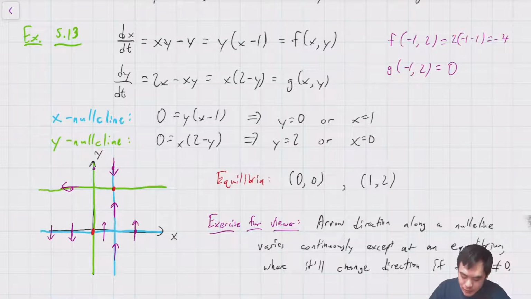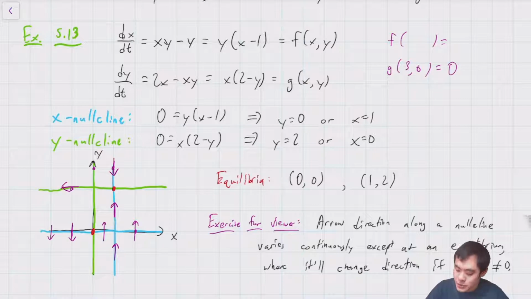And if we look up here, so if we look at 0, 3, sorry, not 3, 0. 0, 3. So that's the point up here. It's still on the y nullcline, so g is going to be equal to 0. But f of 0, 3 is going to be equal to minus 3.